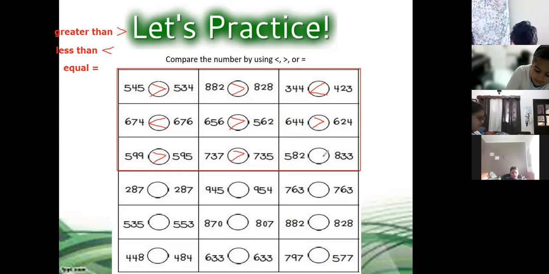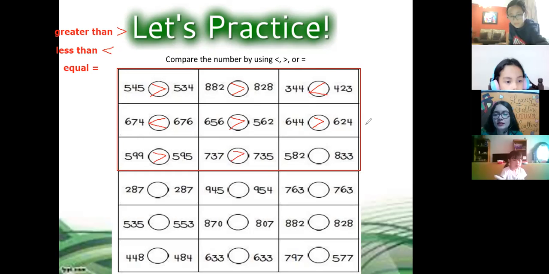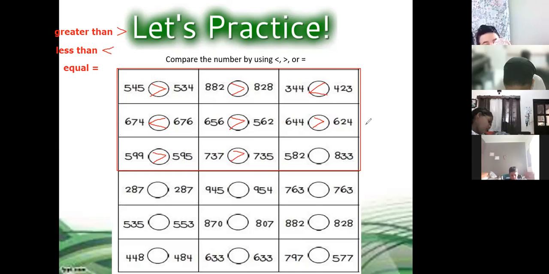Okay, Danny, read the next one. And then Rosa. 582, 833. Less than. That's right. 500 is less than 800. That's right. Excellent.